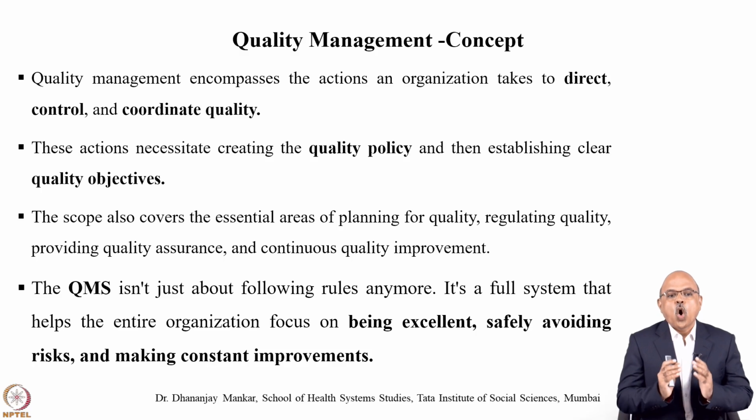The scope also covers the essential areas of planning for quality, regulating quality, providing quality assurance, and continuous quality improvement. The quality management system isn't just about following rules anymore. It's a full system that helps the entire organization focus on being excellent, safely avoiding risk, and making constant improvement, which is a need for any organization.